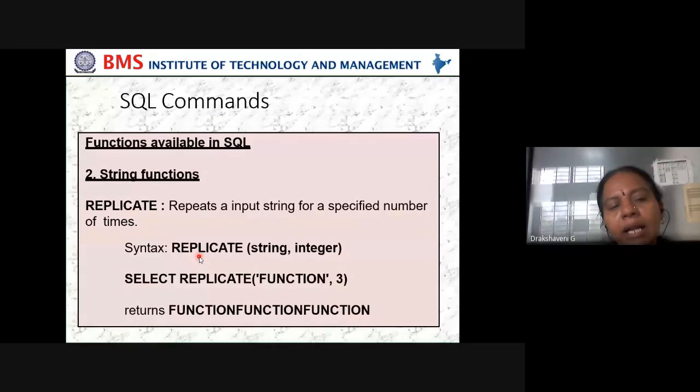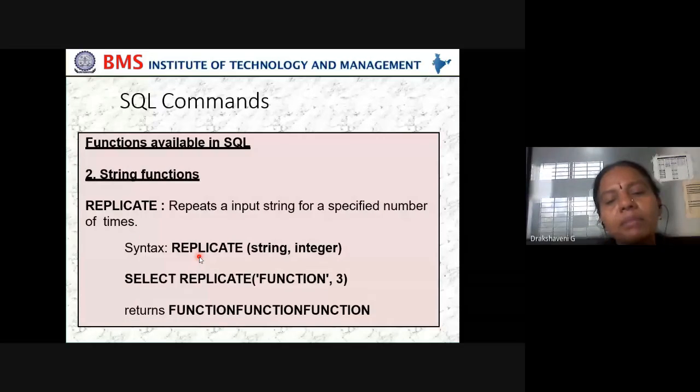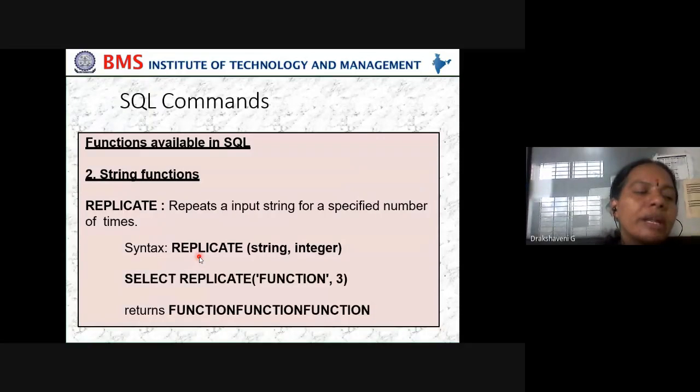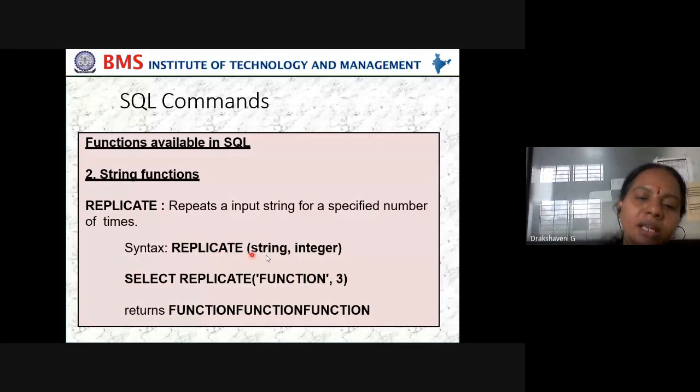Next one is REPLICATE. What is this REPLICATE function? It repeats an input string a specified number of times. Now I want to repeat. In this example, you can see I want to repeat 'function' 3 times. How many times am I specifying? 3 times. That is REPLICATE, and this is a string and this is an integer.